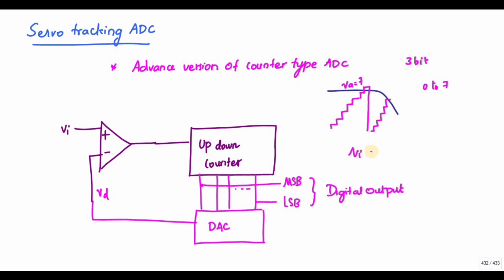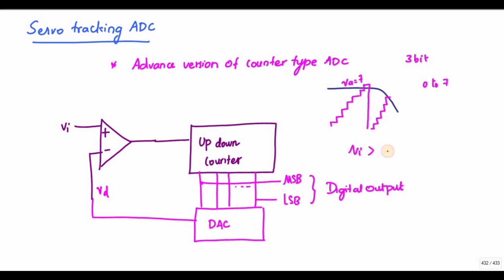If the VA value is greater than VD, the output of the comparator is 1, so it will start to up count. Whenever the VA value is less than VD, you will get the output of the comparator as 0, so it will down count.